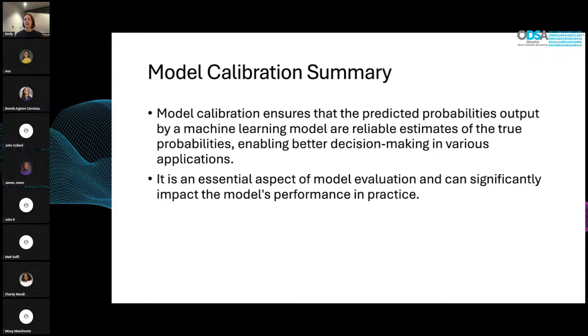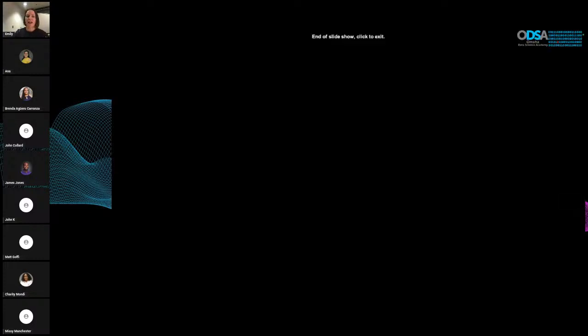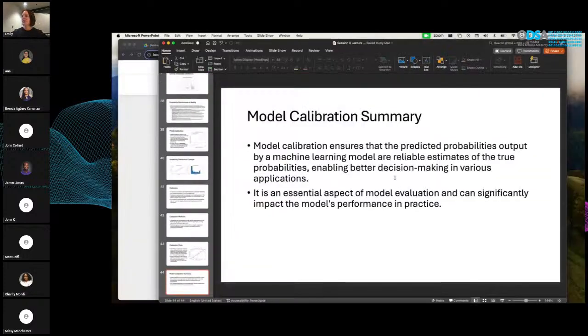It doesn't actually make any quantifiable difference on your model performance. It's just a scaling or a broadening of the domain of range that these probabilities can be mapped to. It can impact the model's use in practice is what I meant.